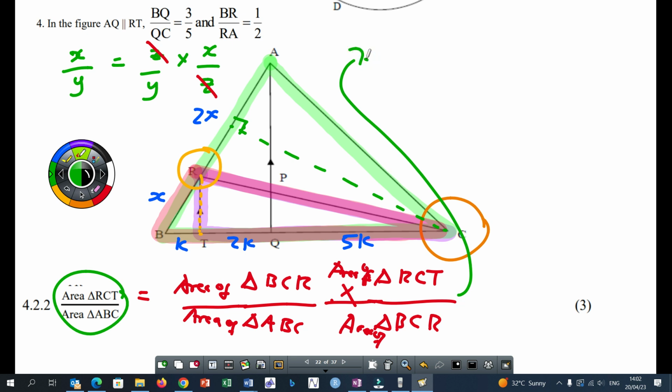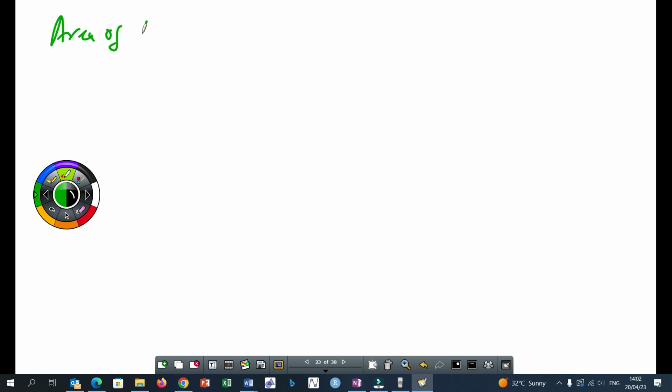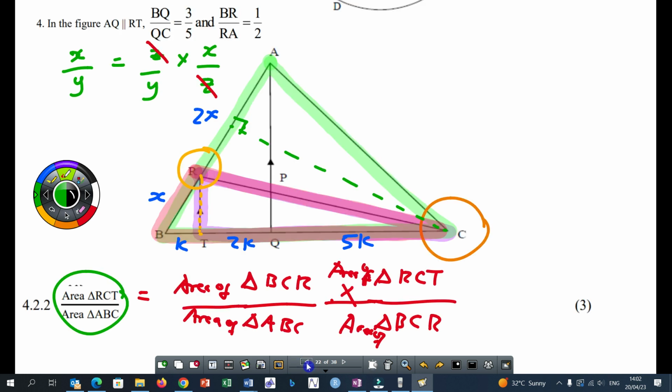Now, the area of triangle BCR, I have to go to the next page to avoid overcrowding. So my area of triangle RCT over area of triangle ABC is going to be equal to the following.